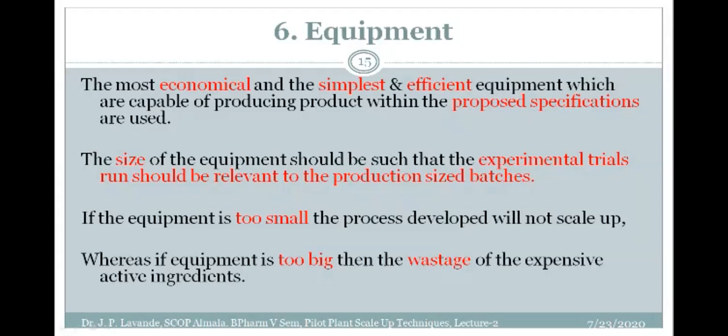If the equipment is too small, the process developed will not scale up. Let's say for example, if we have a very small size, say a 10-liter capacity fermenter or mixer, we cannot use it multiple times for the pilot or plant scale. So we should have adequate equipment.